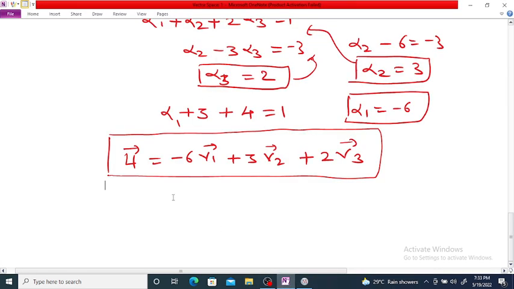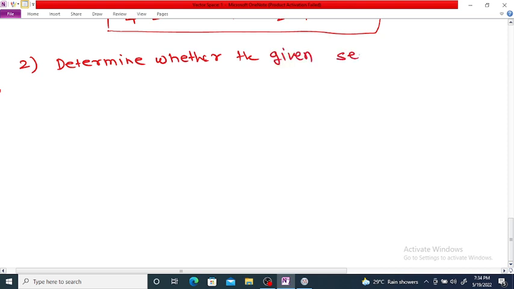The next, example number 2. Determine whether the given set spans R cube.